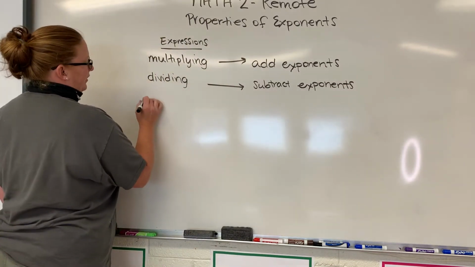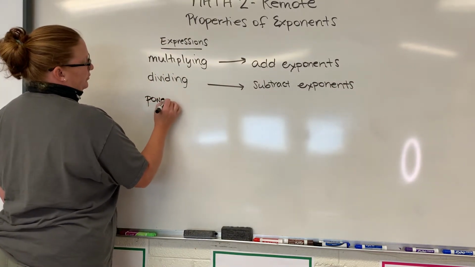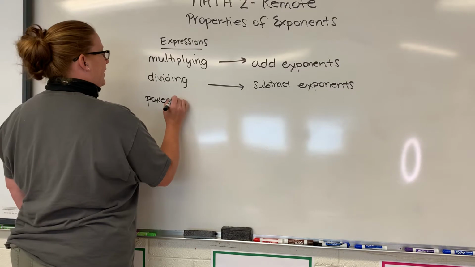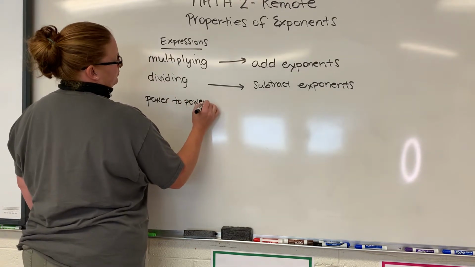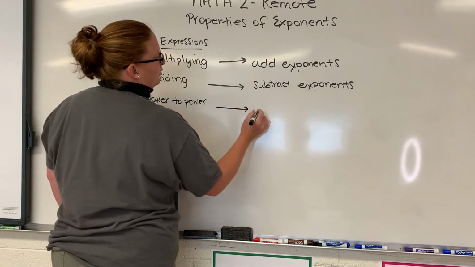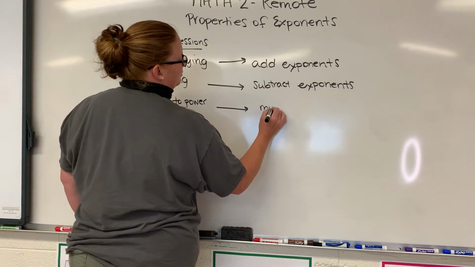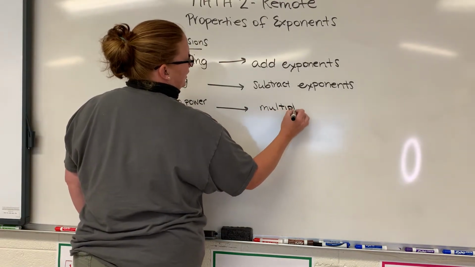When we have a power, which is an exponent, raised to another power, what we're going to do is multiply exponents.